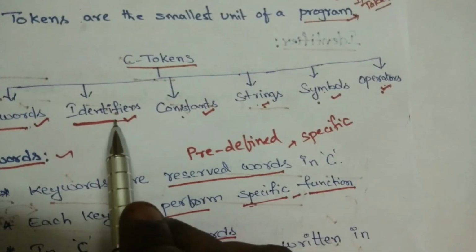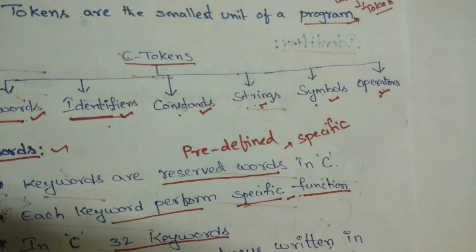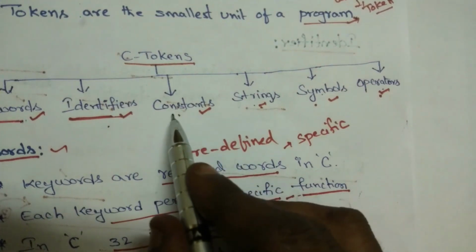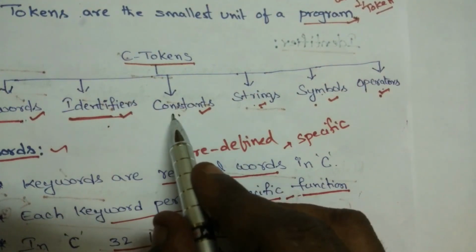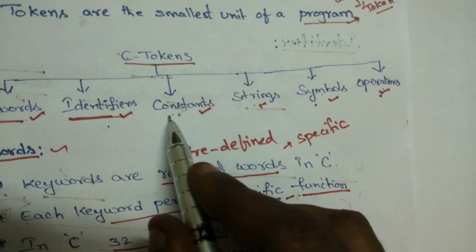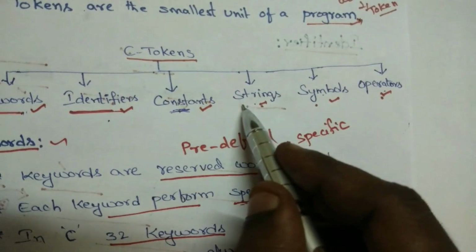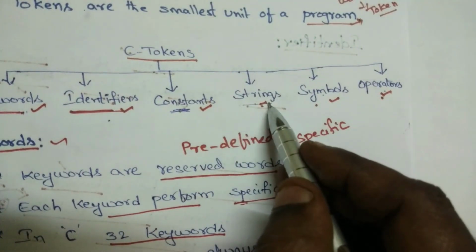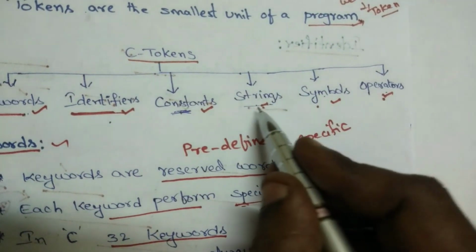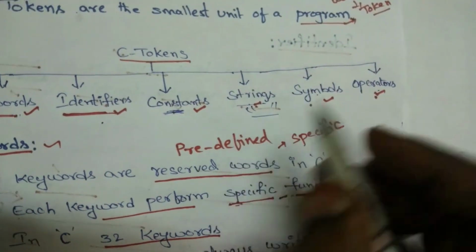What is meant by identifier? An identifier is a name. This name can be used to represent a variable name, function name, or method name. What is meant by constant? A constant is nothing but a value that, once assigned, cannot be changed during execution. A string is a group of characters represented within double quotation marks.